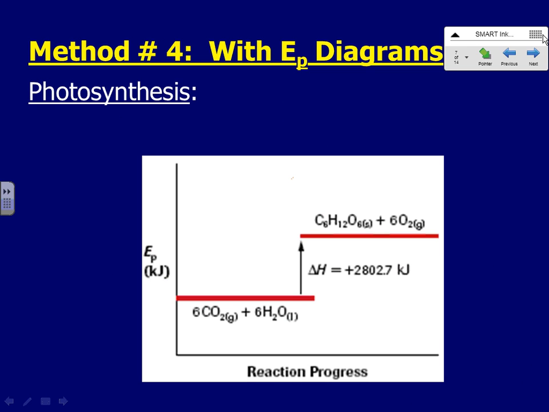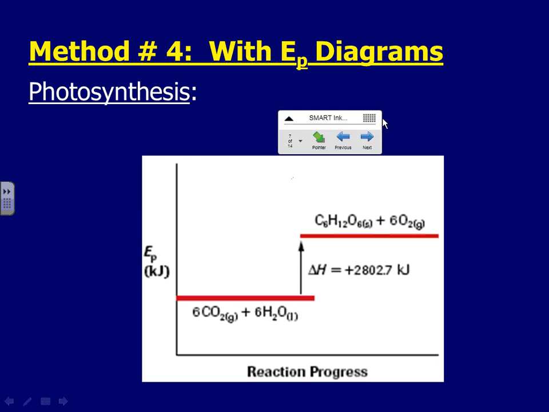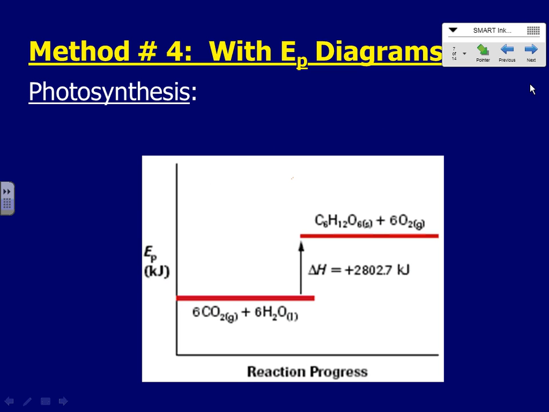All right, the last way in which we represent thermochemical equations is with a graphical representation. So all we do is draw a grid, we write potential energy up the side in kilojoules, and we've got reaction progress.